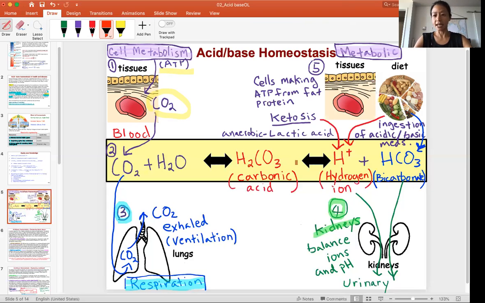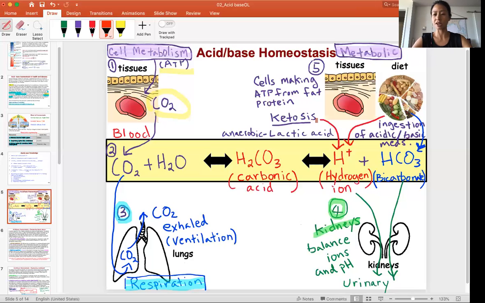So this is the blood, right? So in the blood, other things are dumping hydrogen ion and bicarbonate ion into the blood. So there are other forms of metabolism that are not aerobic metabolism. So if cells are making ATP from the breakdown of fats and protein and not glucose, that is called ketosis.